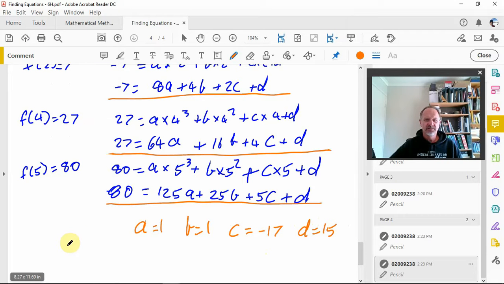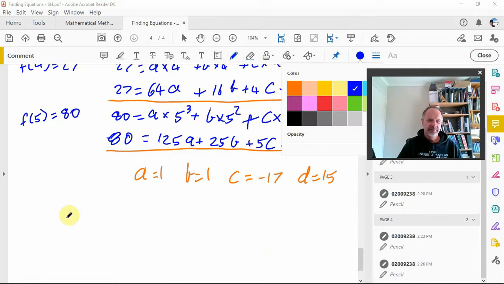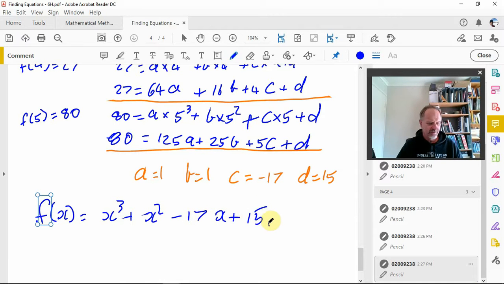All right, so our equation then is that our function of x is equal to x cubed plus x squared minus 17x plus 15. And there is our equation.